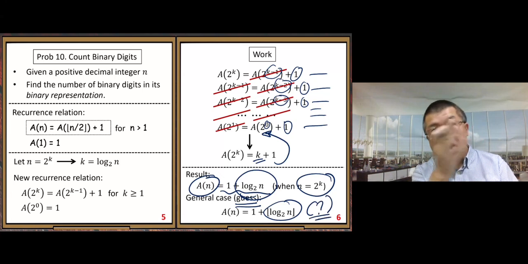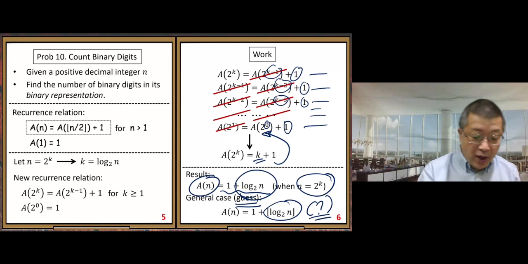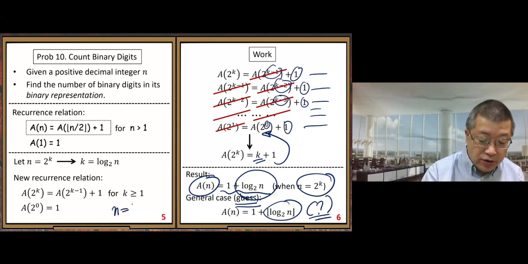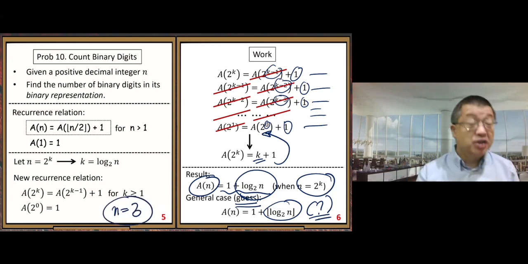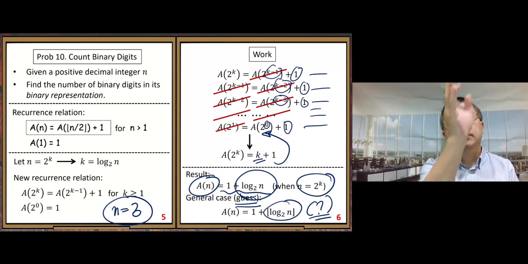You can try some simple examples to see it. For example, when n equals 3, how about that? Because you don't want to choose n as a power of 2, you want to avoid powers of 2. So not 1, not 2, so then 3.